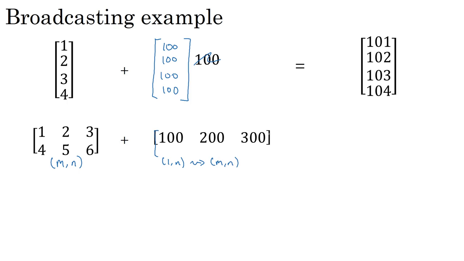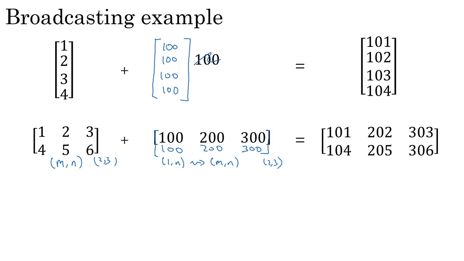So instead of this 1x3 matrix, it'll copy it twice in this example to turn it into this also 2x3 matrix. And they'll add these, so you end up with this sum on the right. Okay, so you've added 100 to the first column, added 200 to the second column, added 300 to the third column. And this is basically what we did on the previous slide, except that we use a division operation instead of an addition operation.